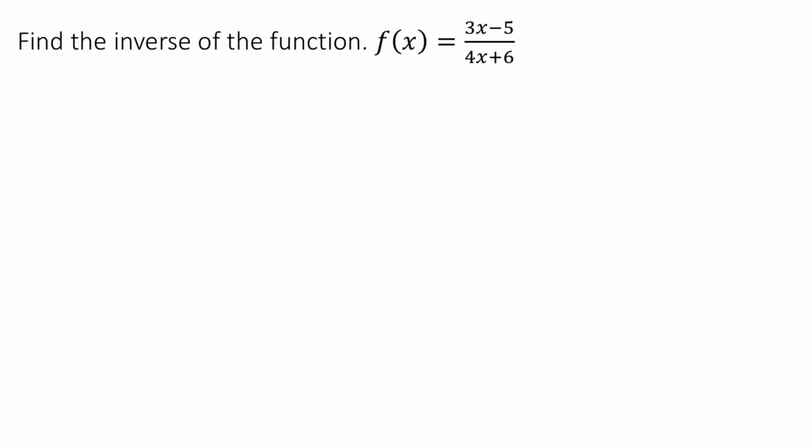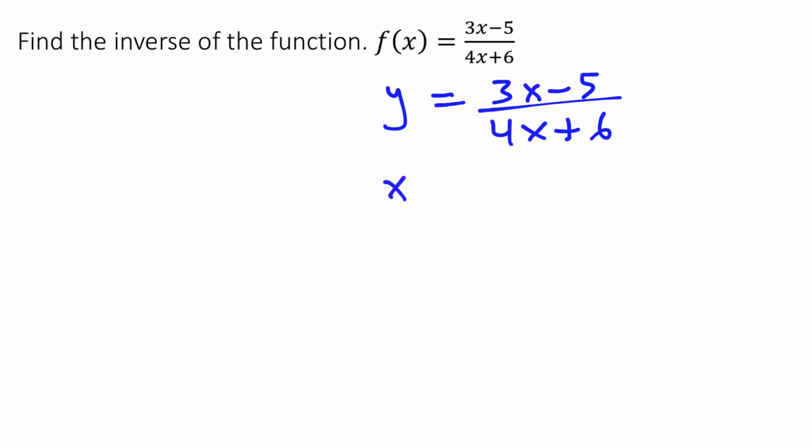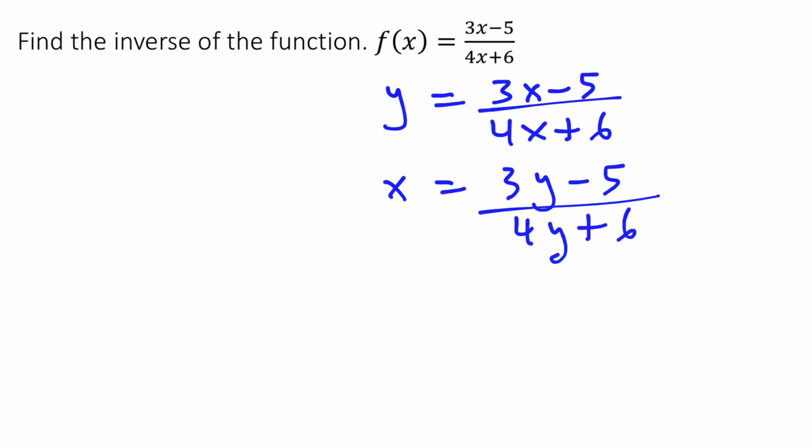So here's another one. We're going to find the inverse of this rational function. First step, f of x is y, equals (3x minus 5) over (4x plus 6). Switch x and y. All right, so now we've got a y in the numerator and a y in the denominator.